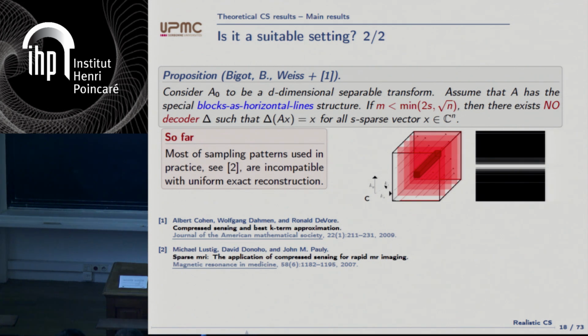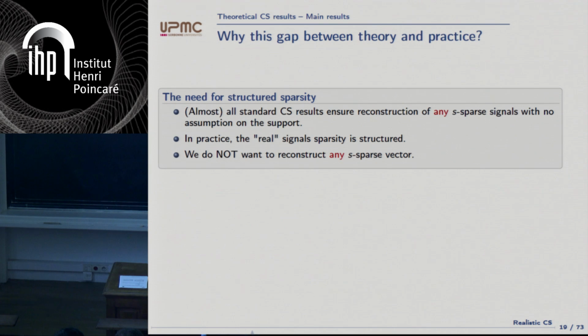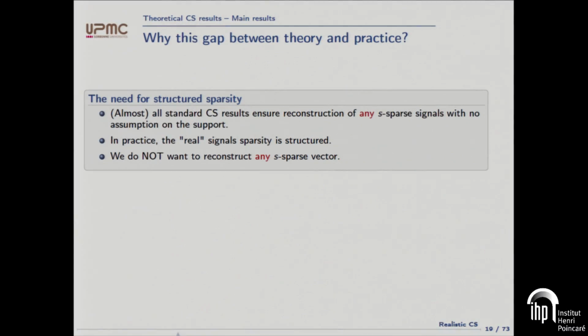Okay, so the key to break these limitations is to say that instead of doing like all standard compressed sensing results where they ensure the reconstruction of any sparse signal, we are going to reconstruct not any sparse signal, but some specific ones, because in practice, signals are very structured and more structured than just sparsity.